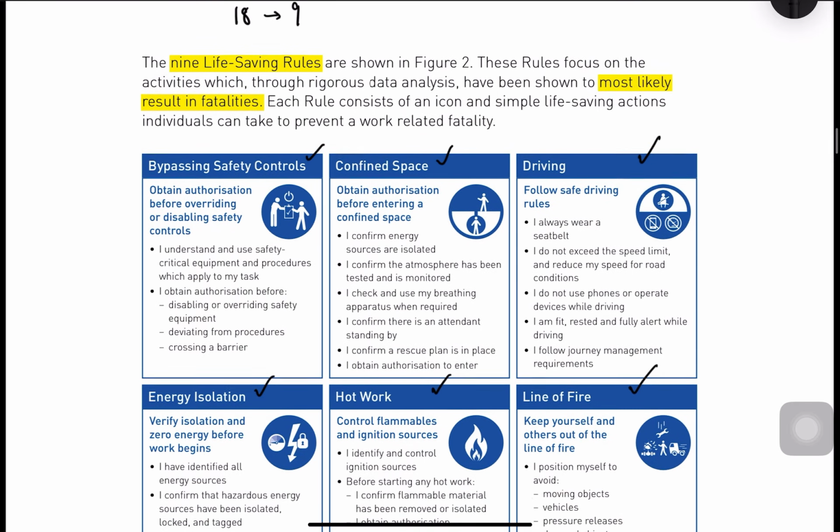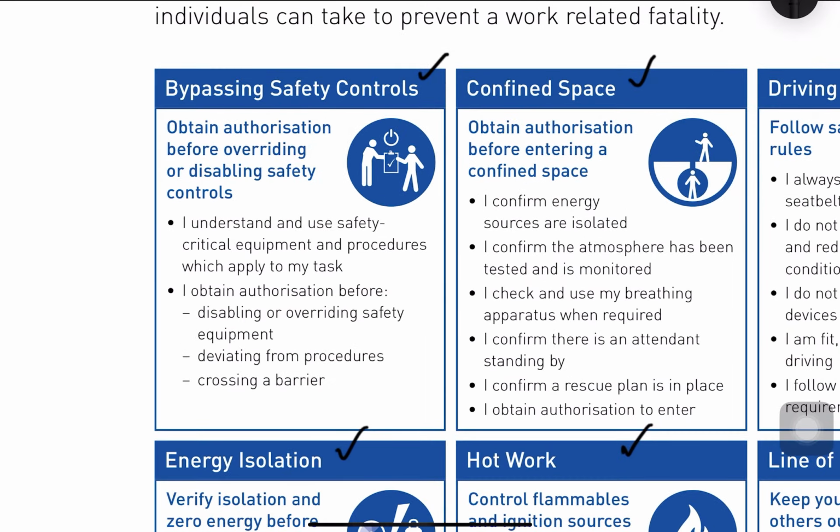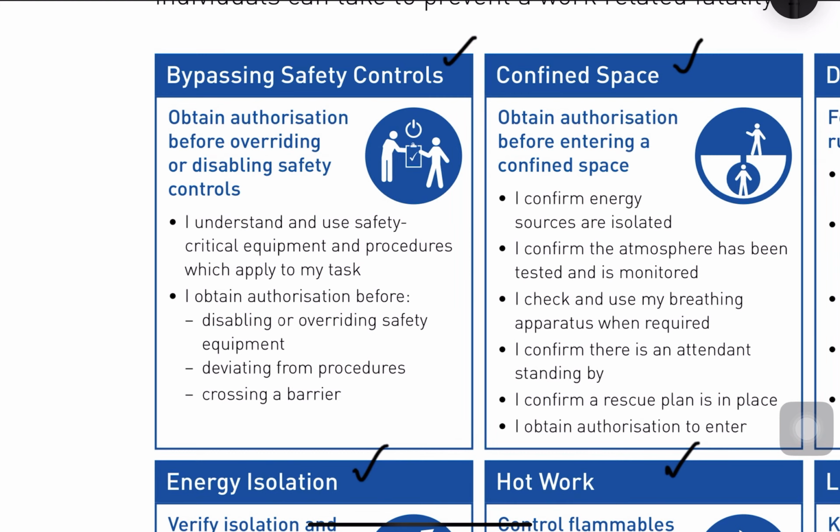Bypassing safety controls: obtain authorization before overriding or disabling safety controls. These are the questions you should ask yourself prior to bypassing safety controls. Do I understand and use the safety critical equipment and procedures which apply to my task?